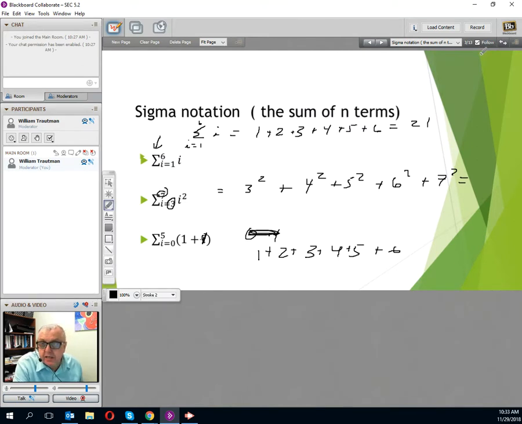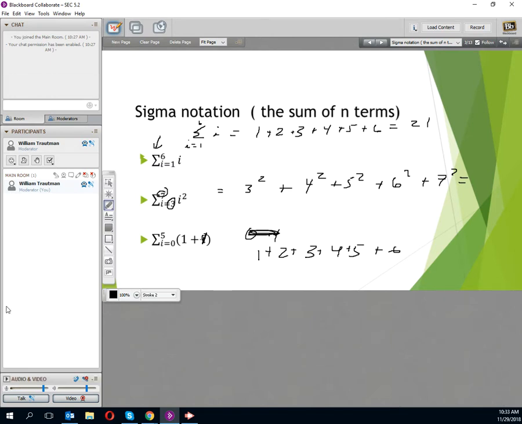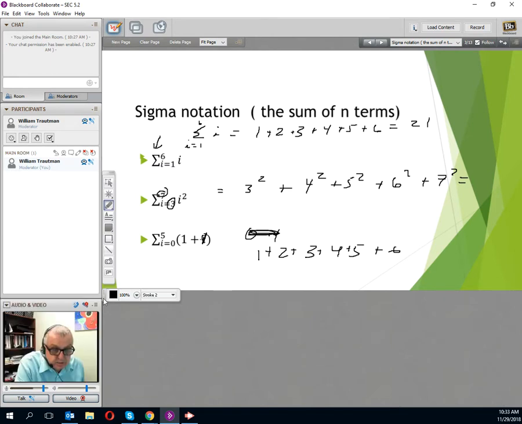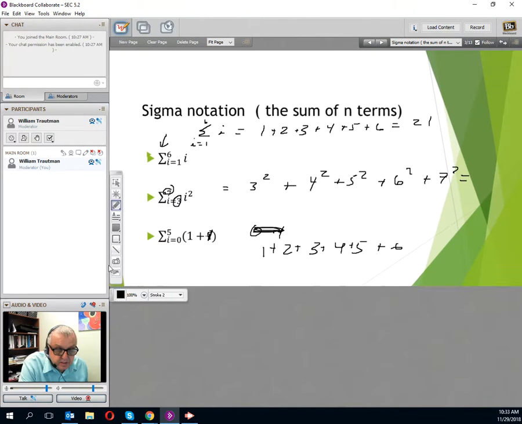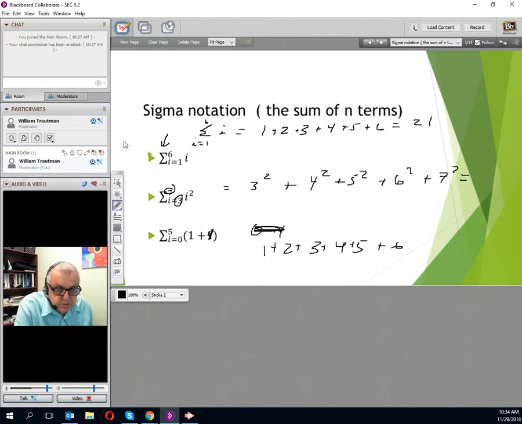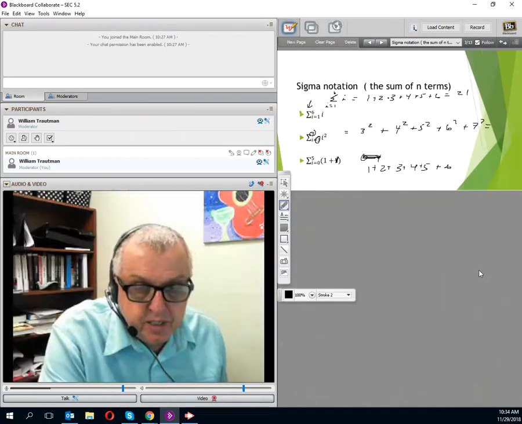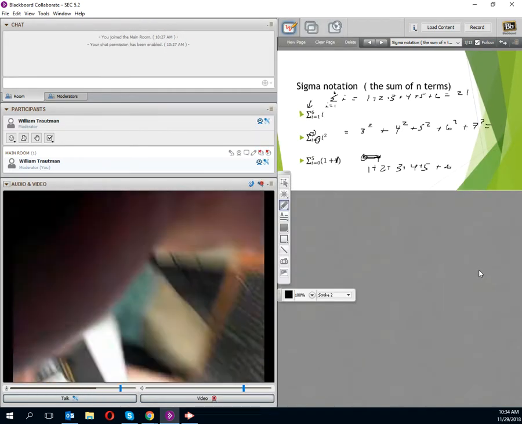I know there's a format page on here somewhere. Oh, I just made it disappear. Let me do this. I was hoping I can make it bigger so we can see on the calculator.